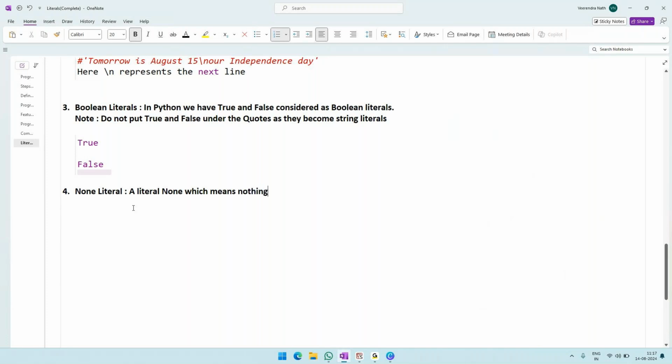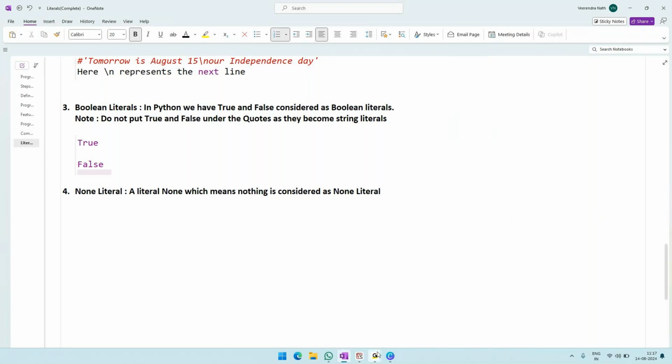None means nothing. The literal None, which means nothing, is considered as a special literal. Okay, so it is considered as a special literal.